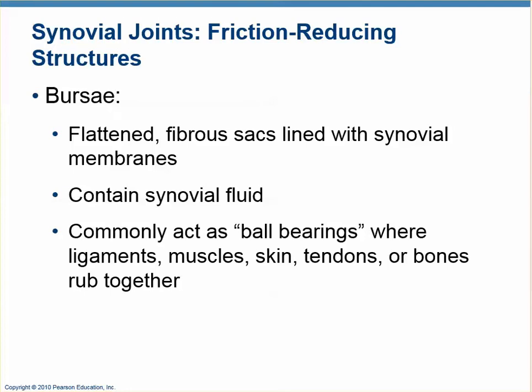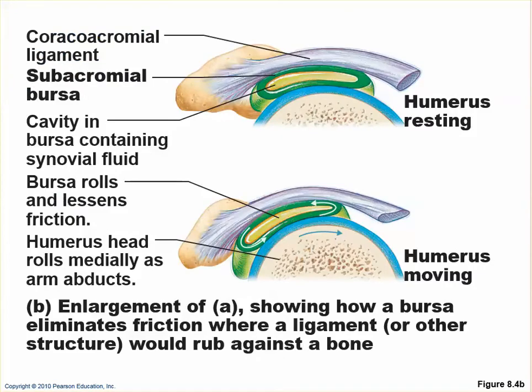Because this is a synovial membrane, there's lots of blood supply, but there are also nerves and pain, so bursitis can be painful. Synovial fluid is produced when the tissue is stimulated, so if the bursa is getting a lot of use, it will fill up with fluid. Sometimes it'll swell. So it protects against friction.